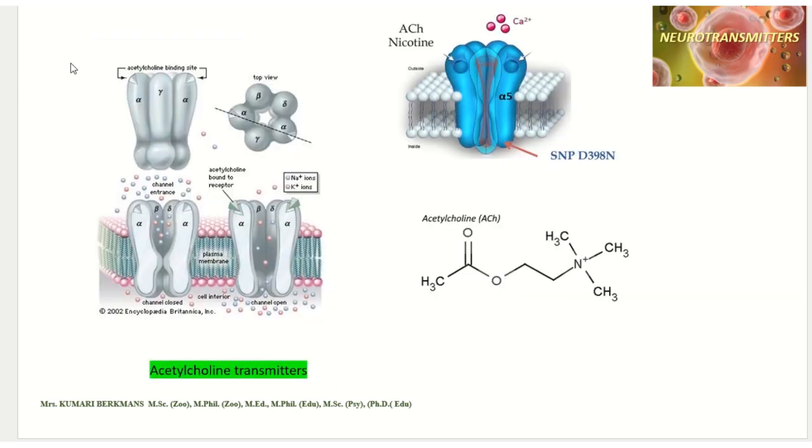Next, if you see, this is the acetylcholine binding site. Here only the acetylcholine binds, and it is released outside through this gate. You can see this gate. This gate is closed now. When it is excited or it receives any other receptor, then it will open.